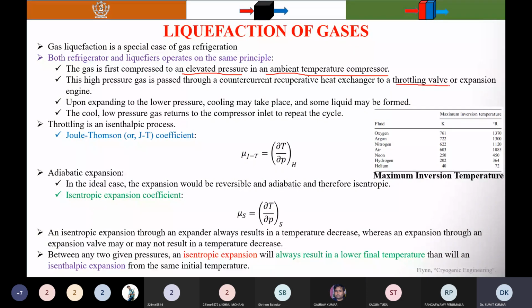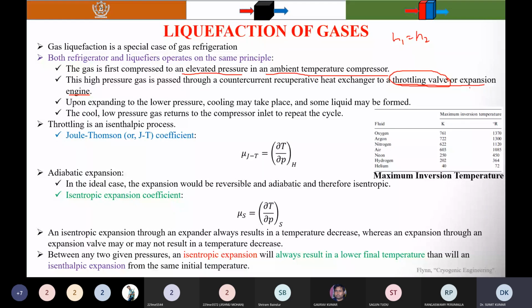Okay. So if you remember, when I discussed the steady flow energy equations, the throttling valve is based on the isenthalpic process, where enthalpy is constant. But this process is irreversible. Throttling is an irreversible process, while the expansion engine, which is used to expand the gas, works on the reversible adiabatic expansion process.